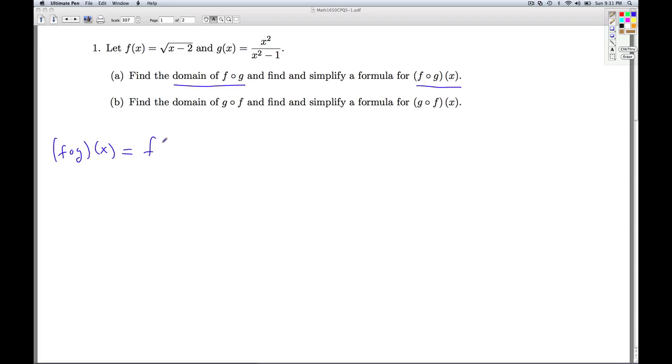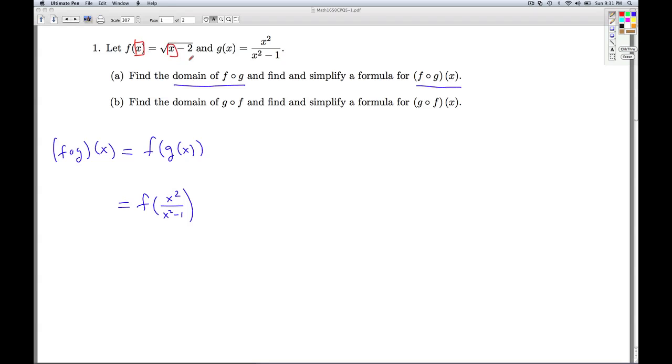This means f of g of x. So if I work from the inside out and I substitute for g of x, it's this entire expression. So how do I find f of this entire expression? I go back to my formula f of x.